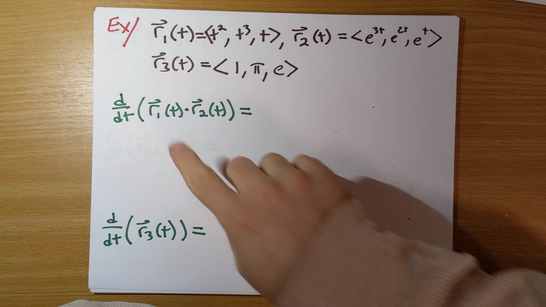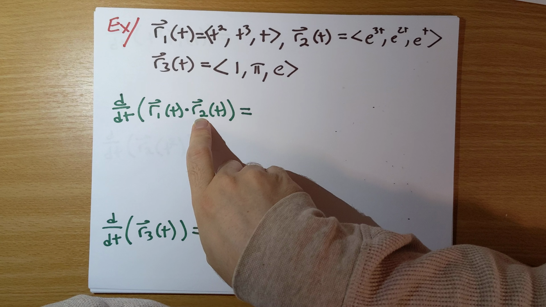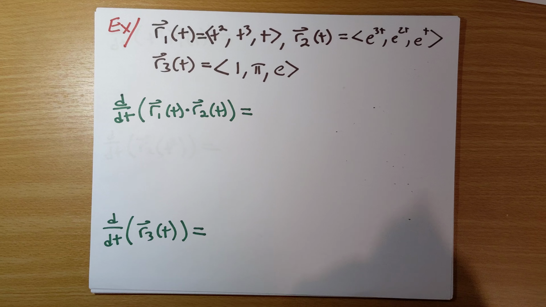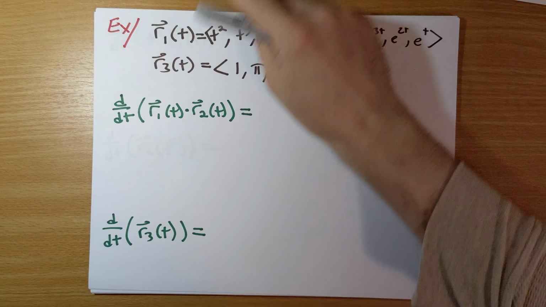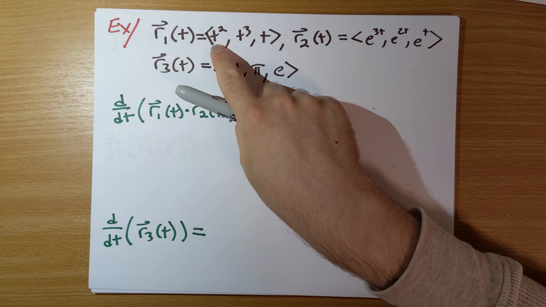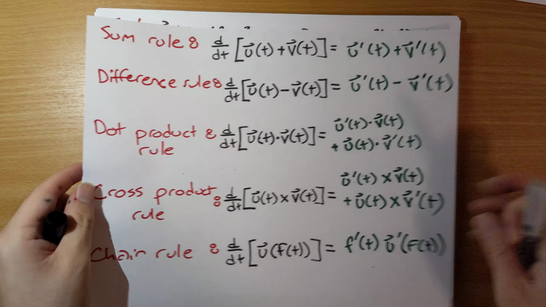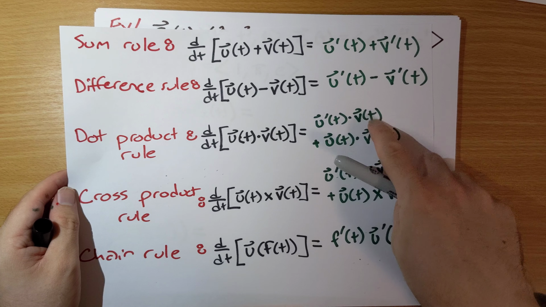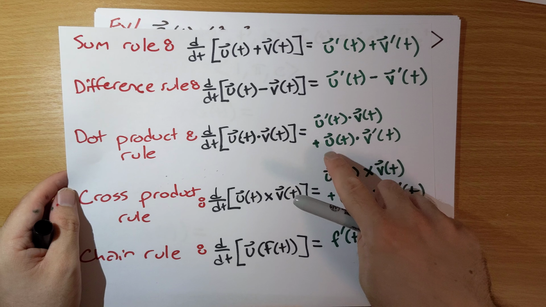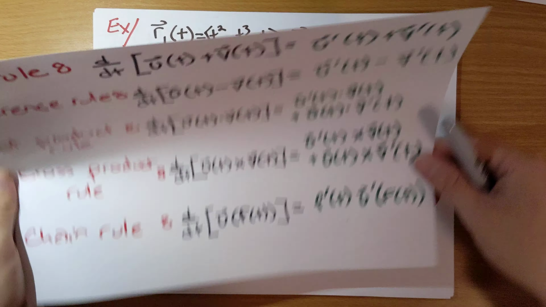So the derivative of r1 of t dot r2 of t, I wrote up here, r1 of t is t squared, t cubed, t, and so on and so forth. So this will be the derivative of the first function dot the second plus the first one dot with the derivative of the second.